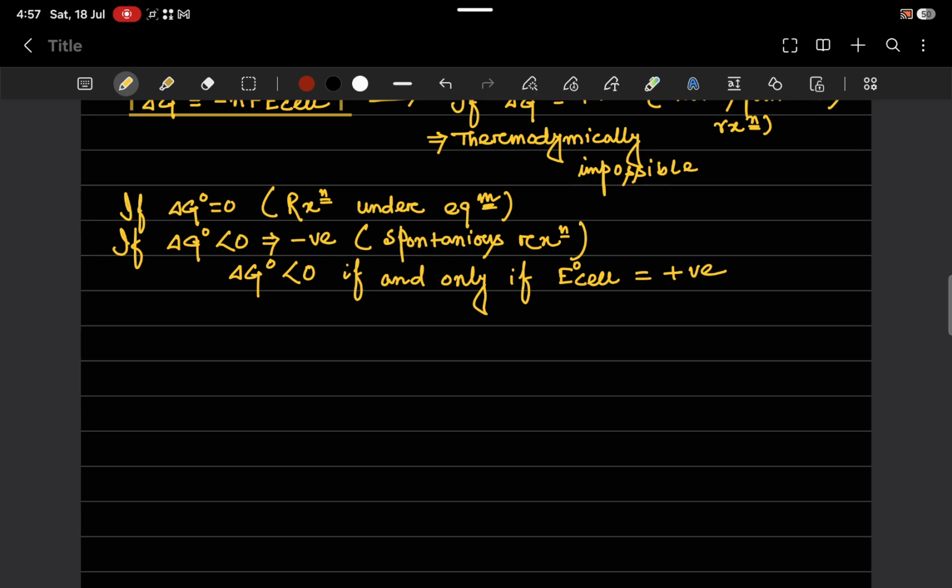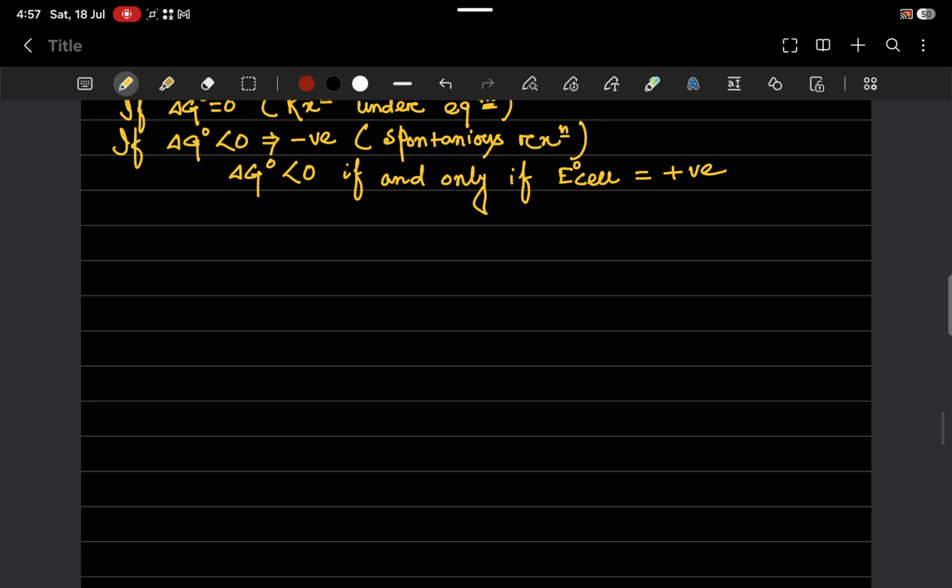Let's say we are writing a very basic reaction, that is zinc, solid, plus copper 2 plus, aqueous, that is providing zinc 2 plus, aqueous, plus copper, solid.